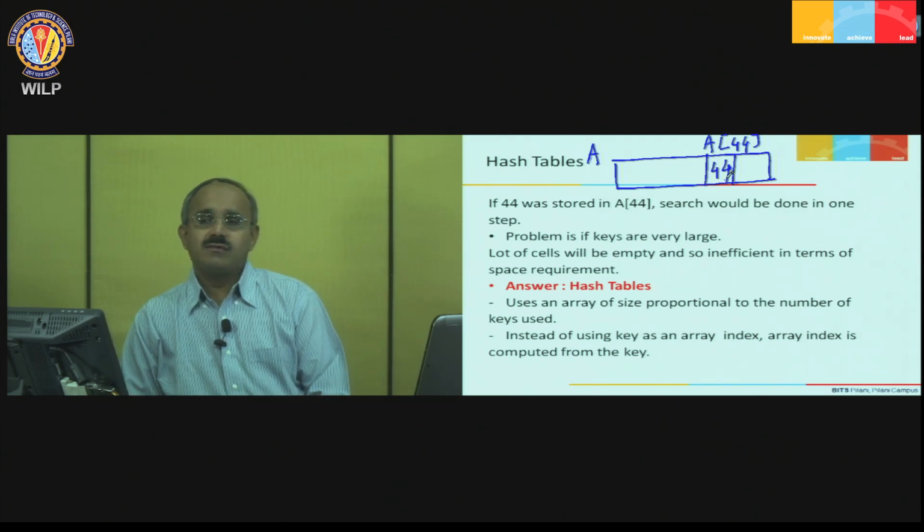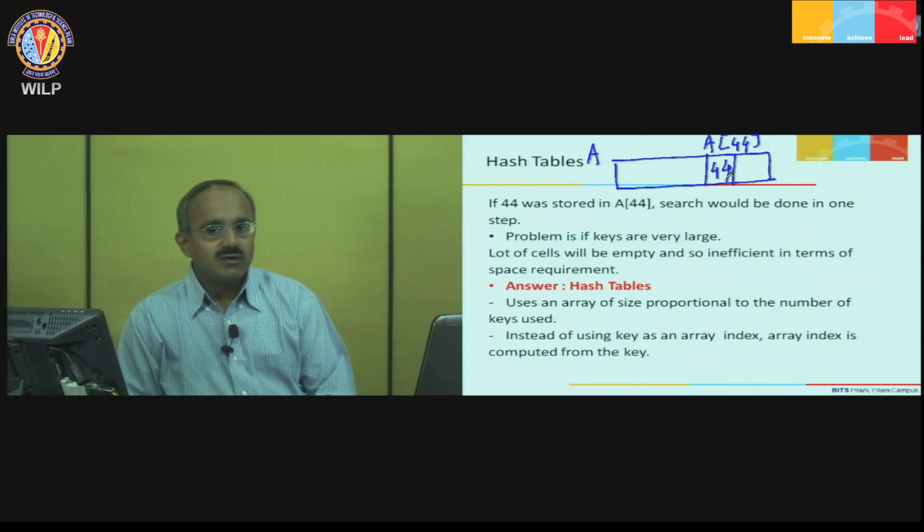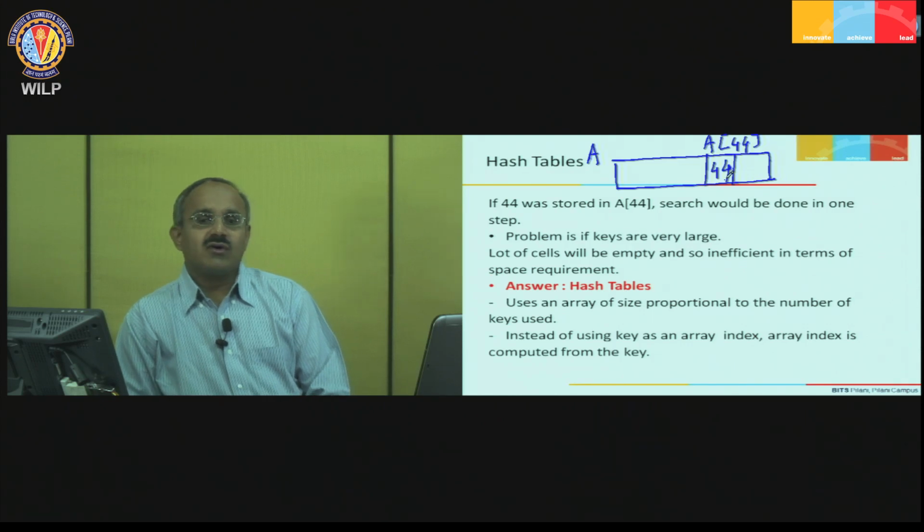There are obvious disadvantages with this procedure. We will see them as we go ahead. Immediately we can see that if the keys are too large, then we are going to require a lot of storage space to achieve this constant time complexity.